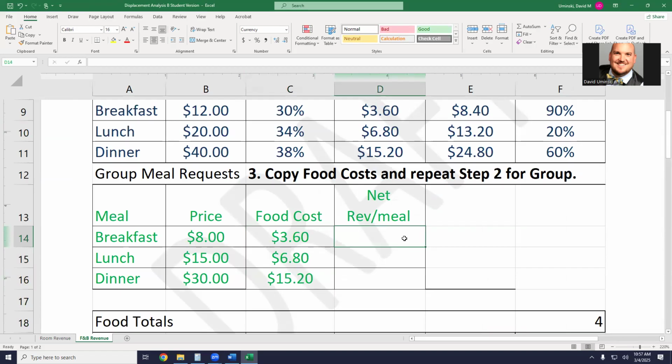And then how do we find the net revenue per meal? Subtract. We're gonna do it again. We're gonna subtract the price that the group is requesting minus that food cost. So in your notes, you could write the minus sign and the equal sign to remind you of what we did.